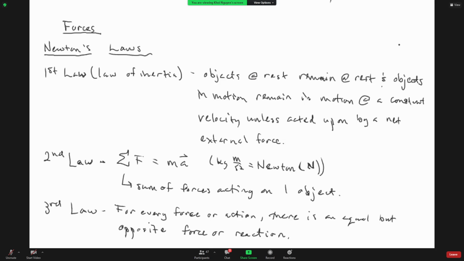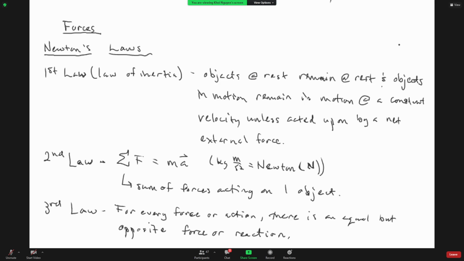The perfect example of Newton's third law is when two objects are in contact with each other. So right now, you guys are mostly either sitting on a chair or standing on the ground, right? In both cases, there's an equal and opposite force from the chair or from the ground that opposes your gravitational force or your weight. That's your normal force. So whenever two objects are in contact with each other, Newton's law of equal and opposites comes into play. For every force or action, there's an equal but opposite force or reaction.